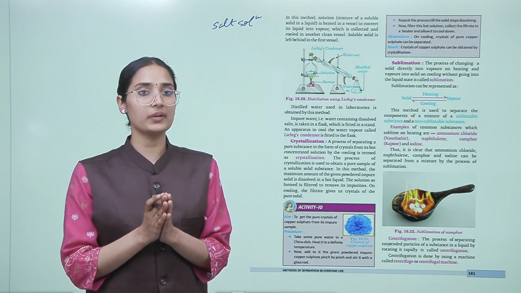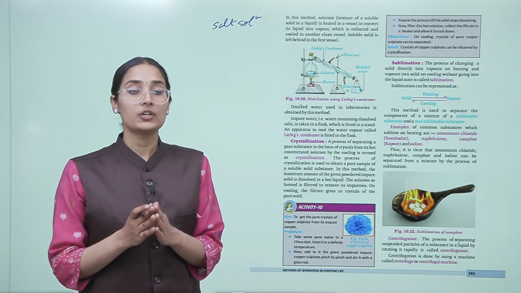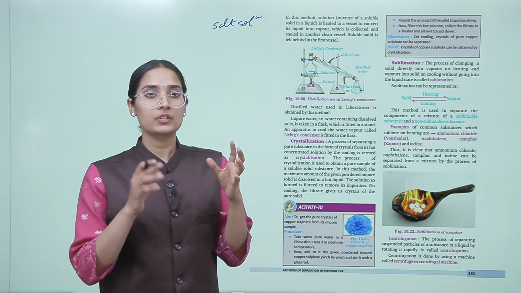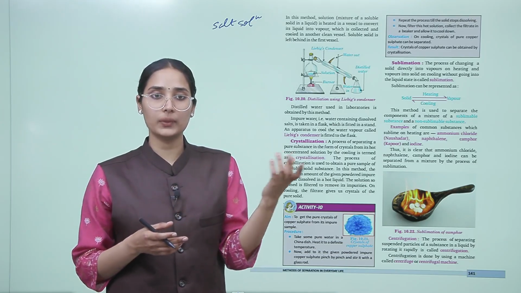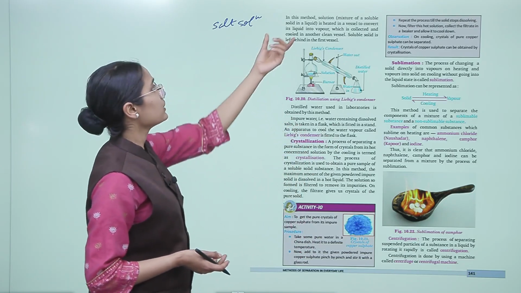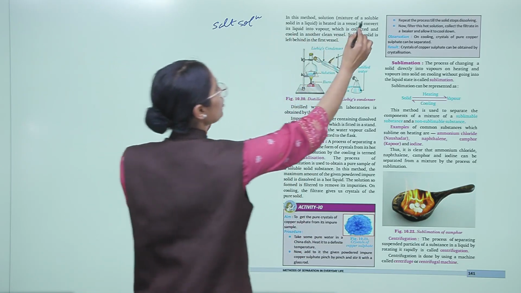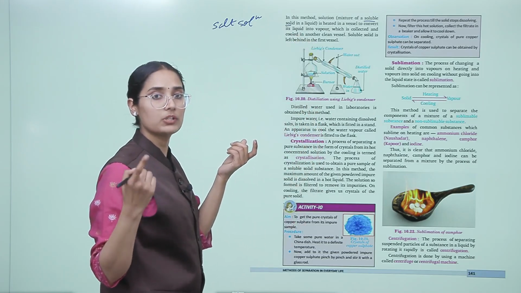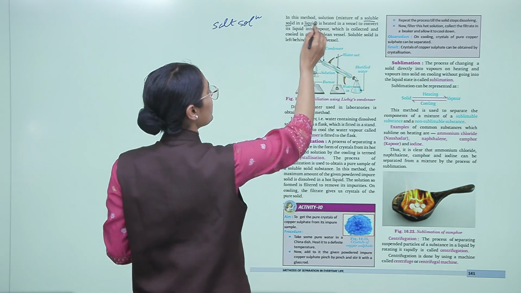Soluble solid is left behind in the first vessel. So what are they doing? They are basically heating the mixture of a soluble solid in a liquid, which means that we have salt as the soluble solid and water as the liquid, okay.